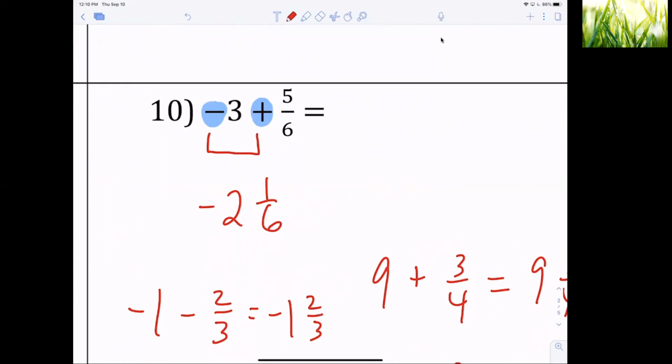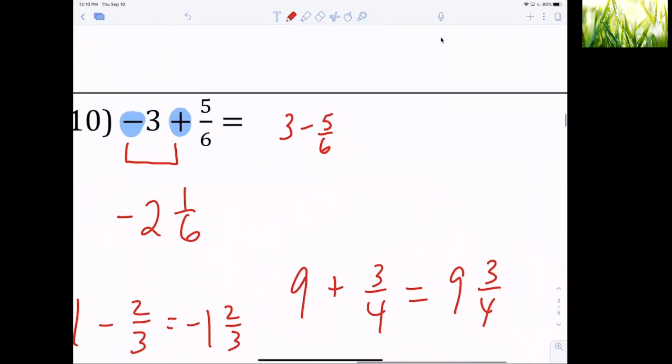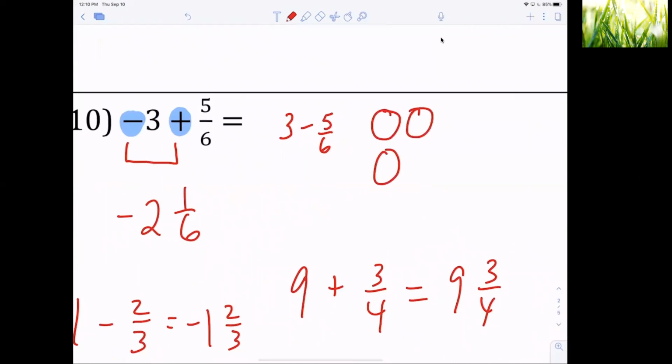So if we subtract, what is 3 minus 5/6? No, because you're not borrowing. Well, remember, you have 1, 2, 3 pieces, and you eat 5 out of 6. So how much is left of this piece if you eat 5 out of 6?